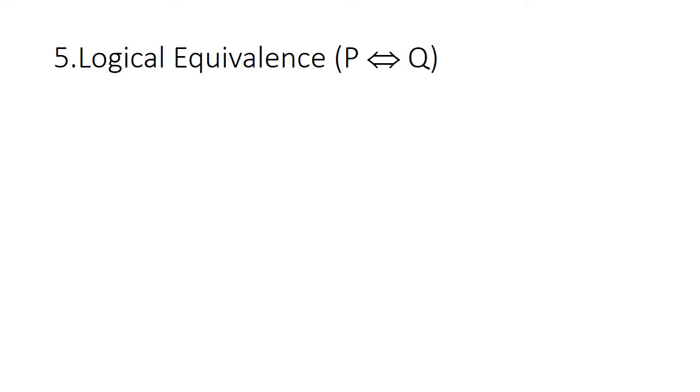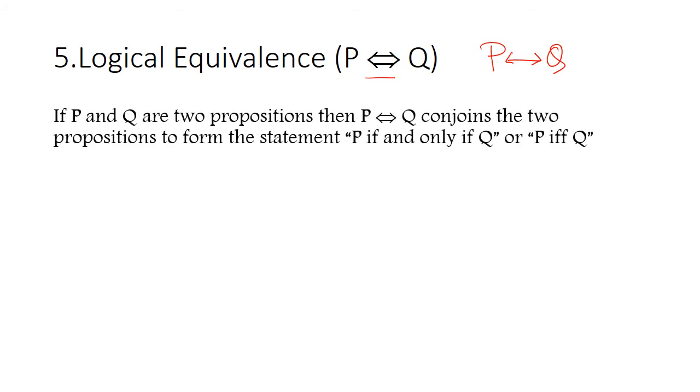The next logical connective is logical equivalence. It is denoted by this symbol and it can also be written in this way. So what does it say? It says that P is equivalent to Q, meaning P if and only if Q, or we write it P IFF Q. IFF is the short form for if and only if.